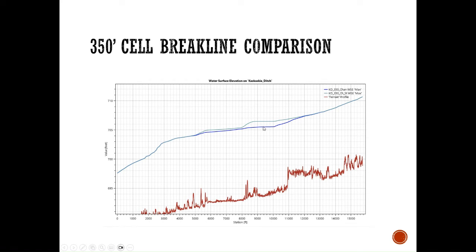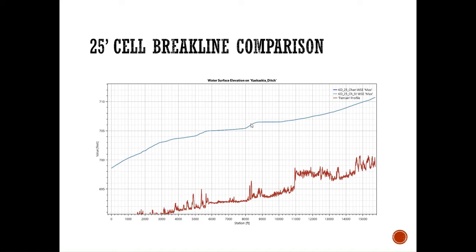The darker blue line is the 350-foot mesh without those structure break lines. So you can see how having those break lines really allows the model to really see those head losses that are occurring due to the flow constriction because of the bridges in the 2D model domain.